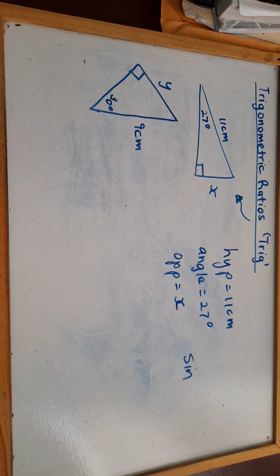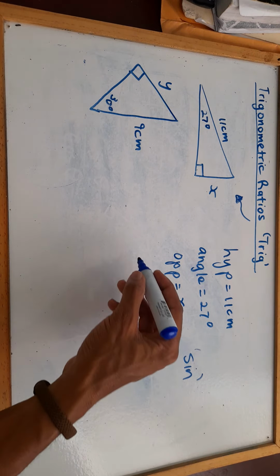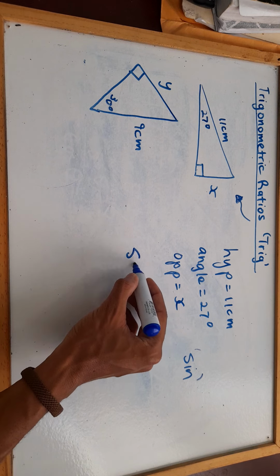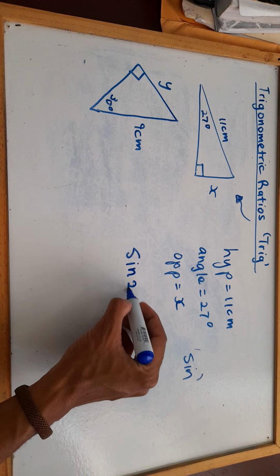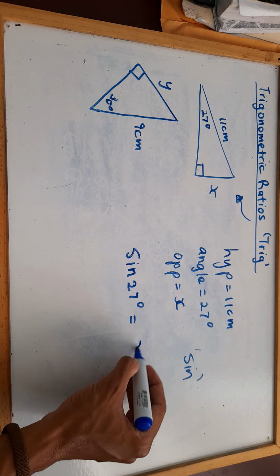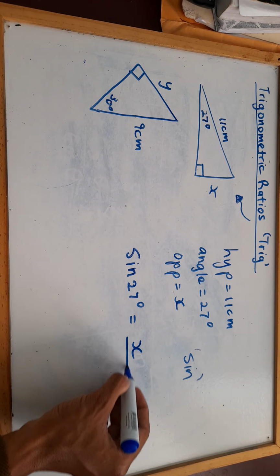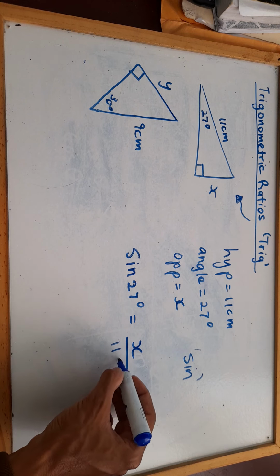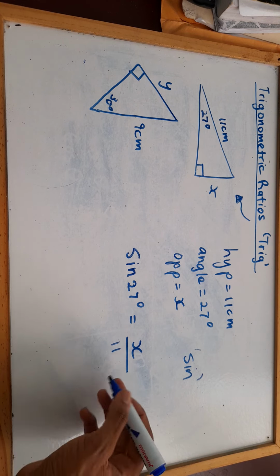Now, after this is established, it becomes easy. We said that sine of whatever angle is given is equal to the length of the opposite, x, over the hypotenuse, 11 cm. Well, you don't have to put a cm, it's understood.